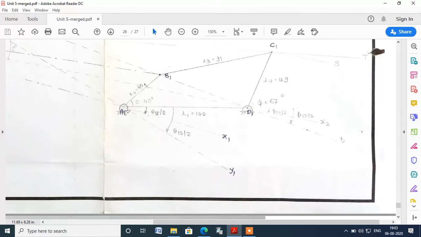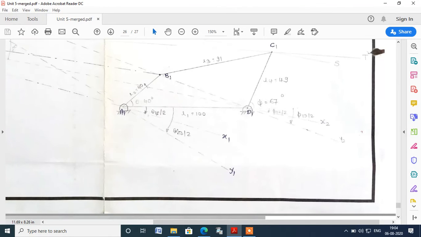So draw line A1 D1, 100 mm long. Then you have to draw a line from A1, that is A1 B1, such that it is inclined at an angle of 40 degrees with A1 D1. So take an angle of 40 degrees first, then draw the line A1 B1, which is also given as 40 mm.